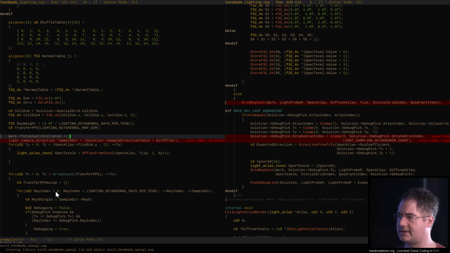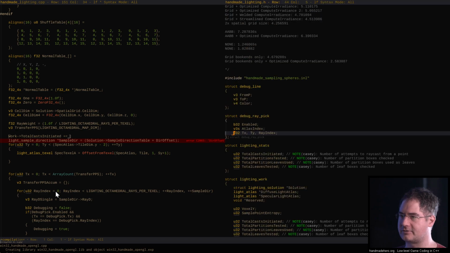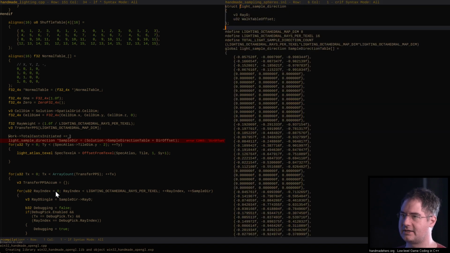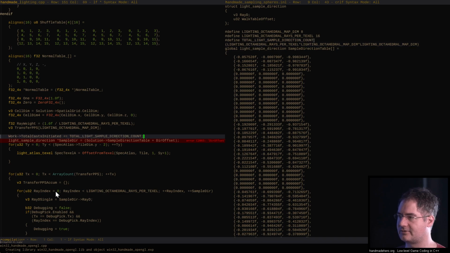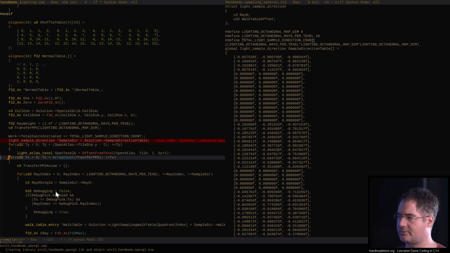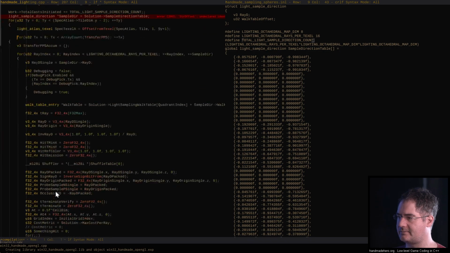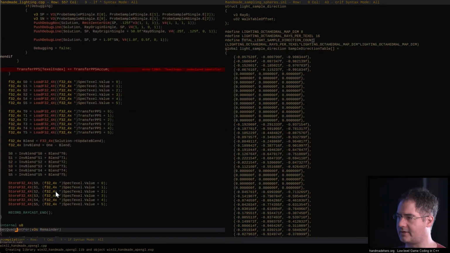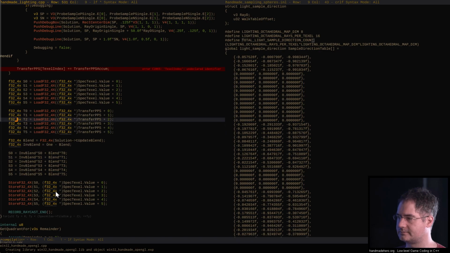It's just going to be the total. Like, we do them all, so it's literally the entire table. It's literally total light sample direction count, right? So then the sample direction just starts at the beginning of the table. We walk the table, pulling out the correct tile each time, and that's our loop.